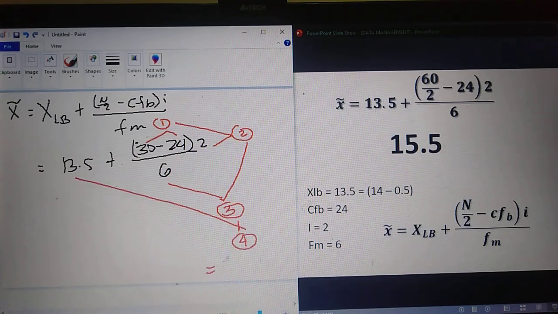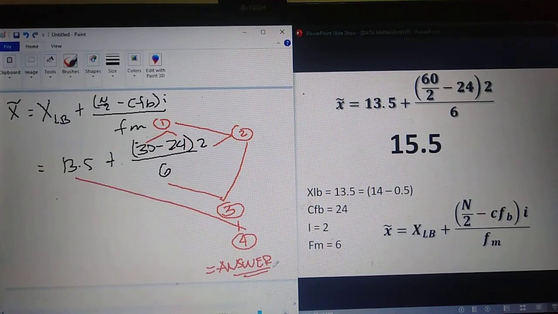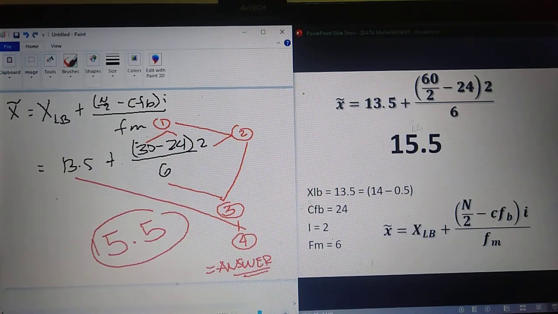And then, that will be your answer. Ganun po ha. So, 30 minus 24 is 6 times 2, 12 divided by 6, 2 plus 13.5, 15.5. We can get the answer of 15.5, which is equal dito sa presentation natin. Equal sila. O, diba? So, that is the process on how to get the median for group data.